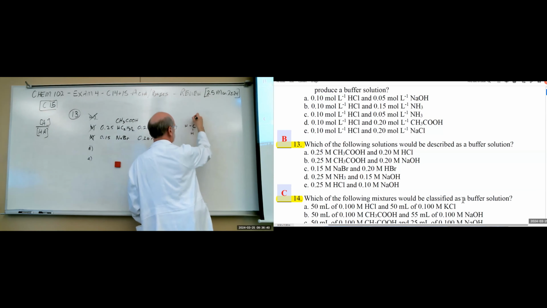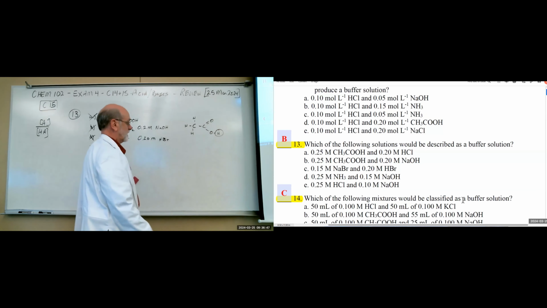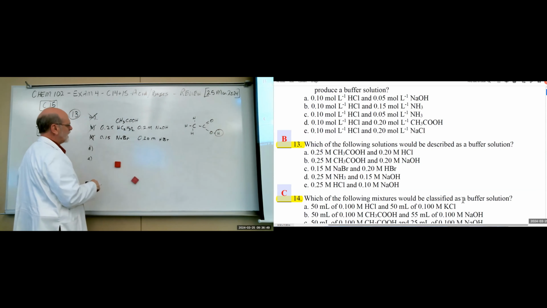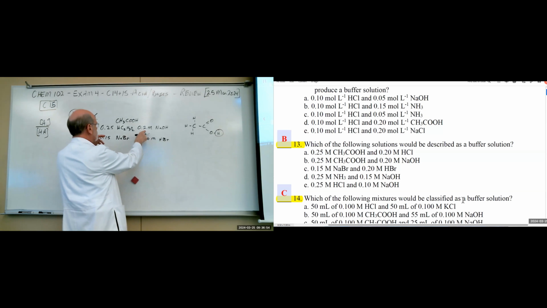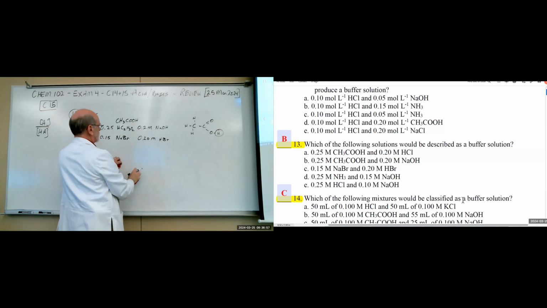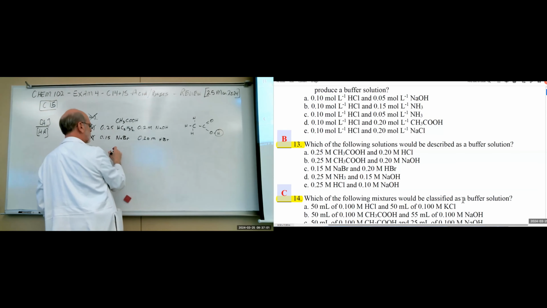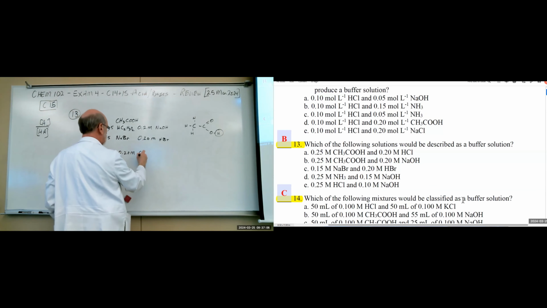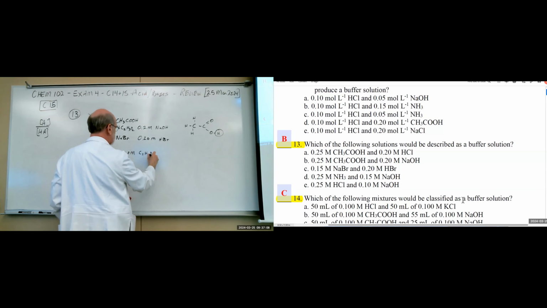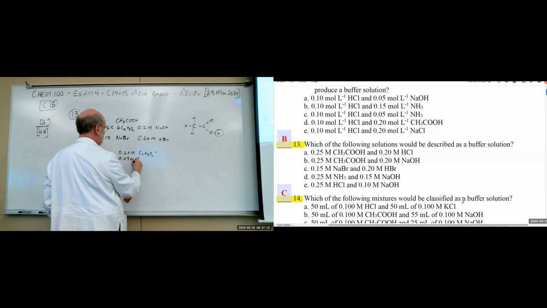There's your CH3, and you have the other carbon, and you have an oxygen, you have O and H, and that is the acidic hydrogen. Okay, if we add these together, this is going to consume some of this acid and turn it into 0.2 molar C2H3O2 minus and leave behind 0.05 molar acid.